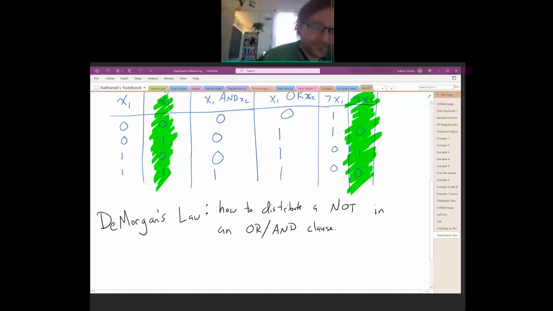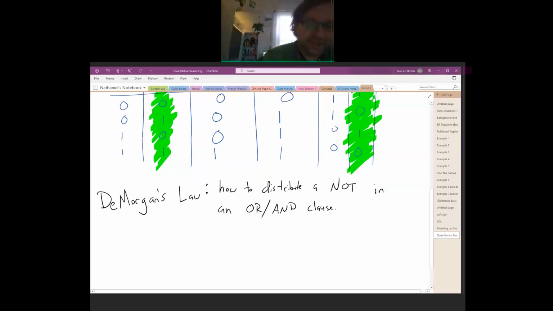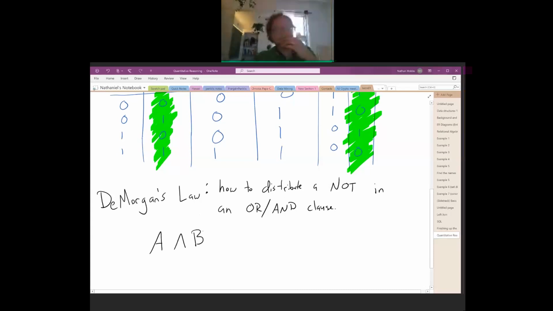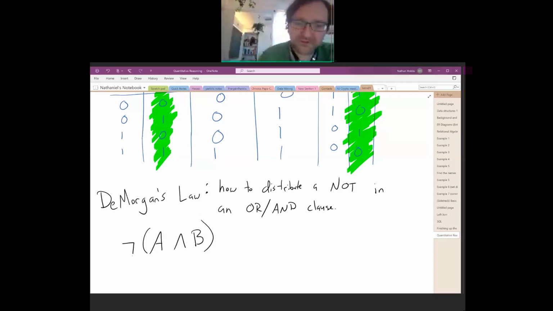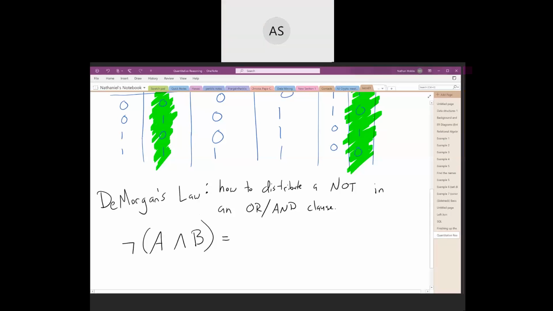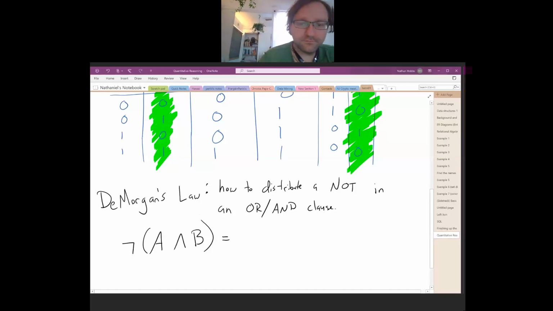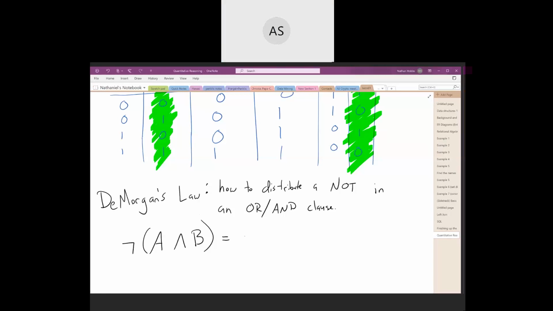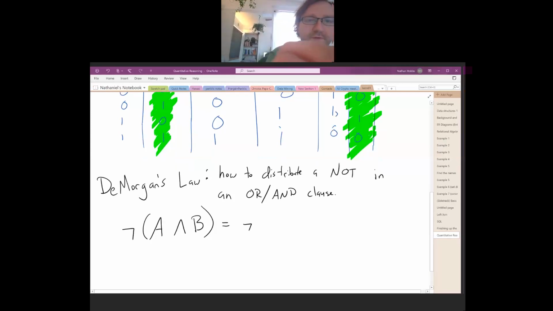Afreen, if you're still there, maybe you remember here. If I say A and B, now I'm going to make that a clause, and now I'm going to not it. So not the expression A and B. Do you know what this would evaluate to? Yeah, I think it would be not A or not B. Very good. Yeah.